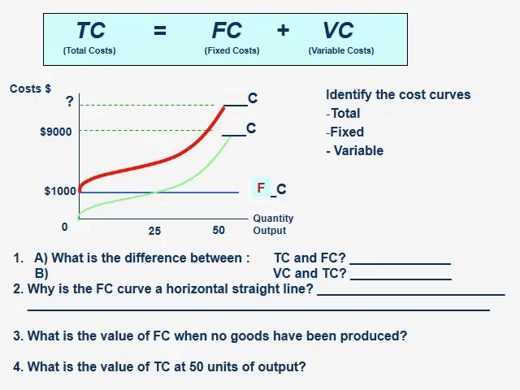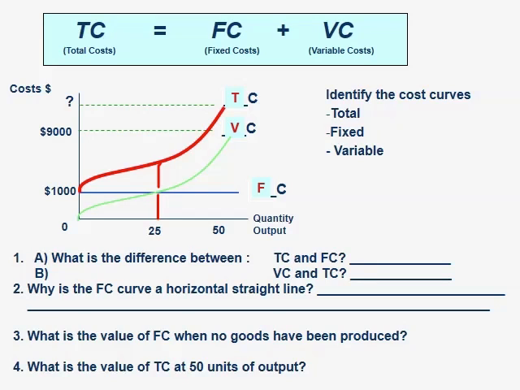Remember, fixed plus variable equals total. So the variable cost is always going to be less than the total. It's important to note here that this value represents 1000, and of course this gap represents 1000 because the difference between total and variable cost is fixed cost.